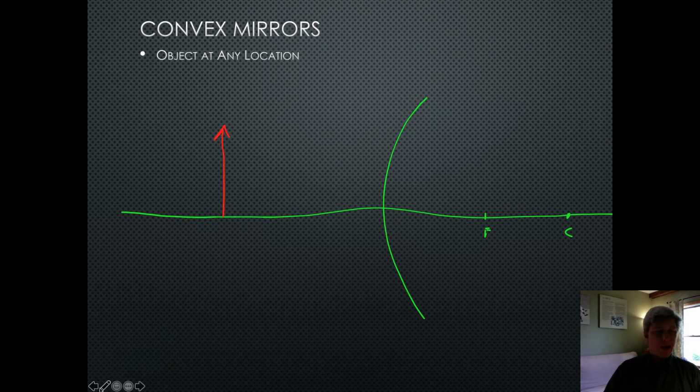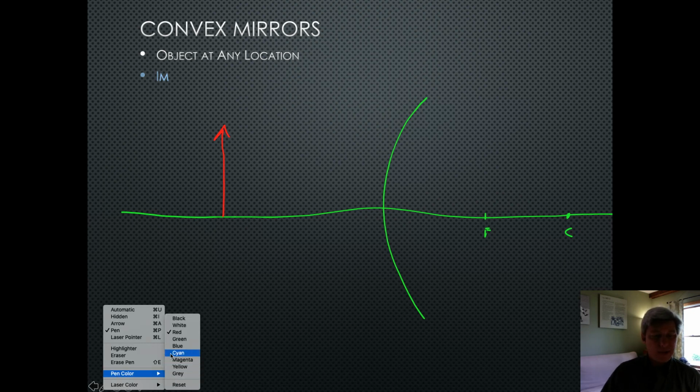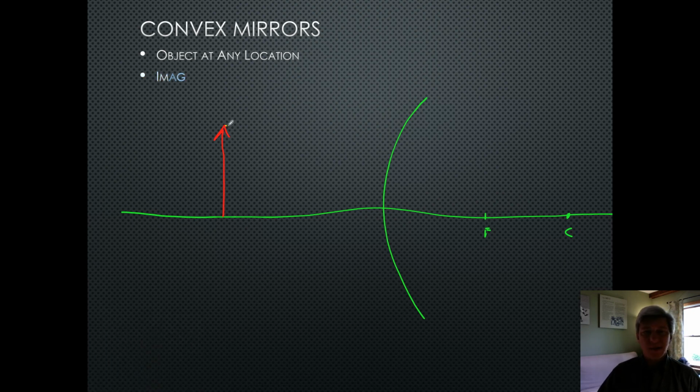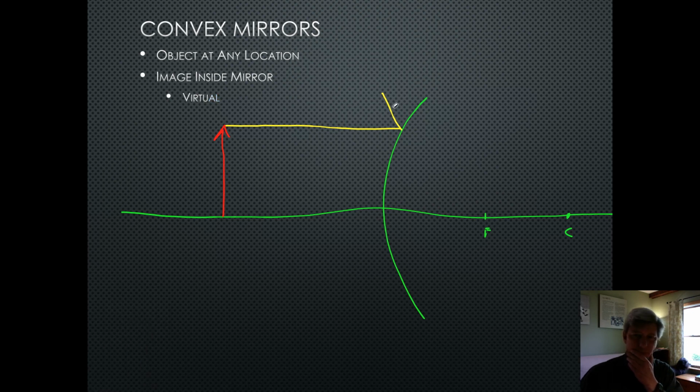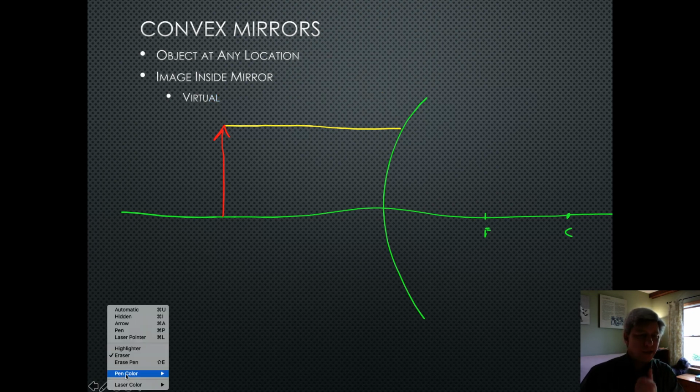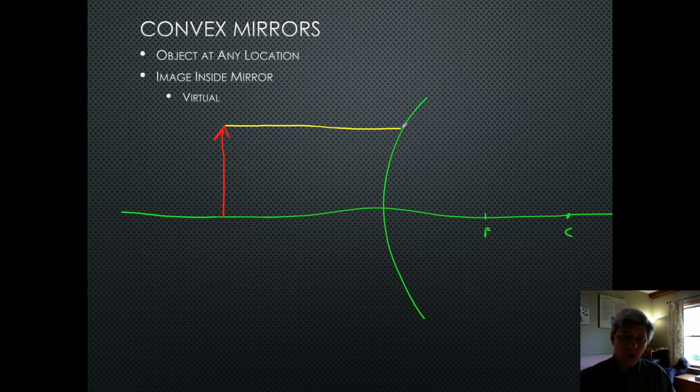So if I place an object anywhere in front of this mirror, it does not matter where, okay? And I'll send a ray of light parallel to the principal axis. Once again, the ray of light is going to be reflected, but now it's going to be reflected in this direction, such that it goes off something like that.